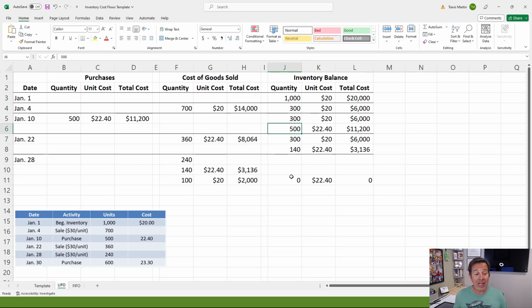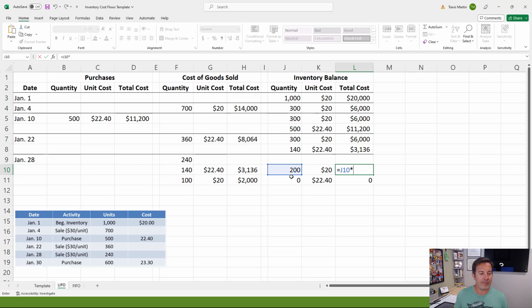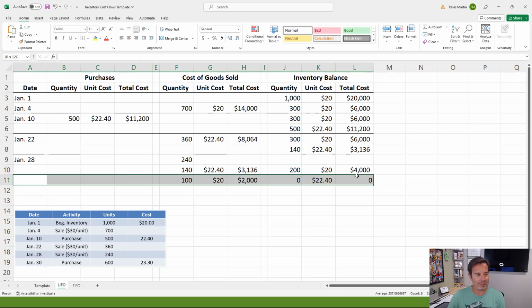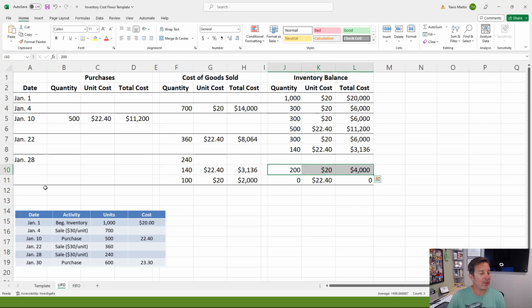The layer that I had 300 in, I took 100 out of it. So there are 200 left there. All right? So 200 at 20 equals 4,000. All right? And so I got one layer of inventory left for LIFO here. And that's that layer right there.